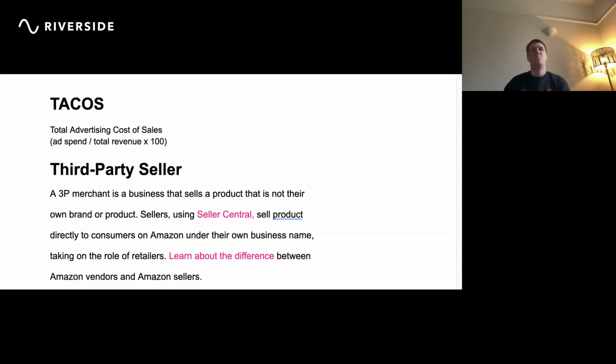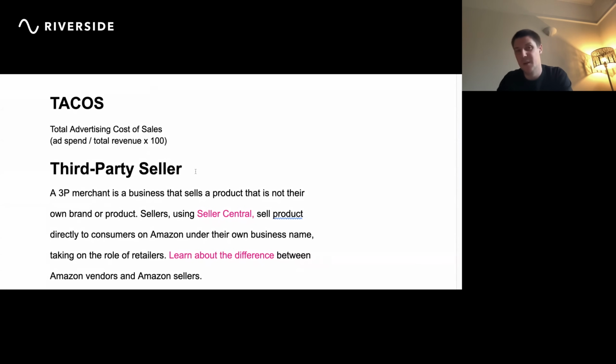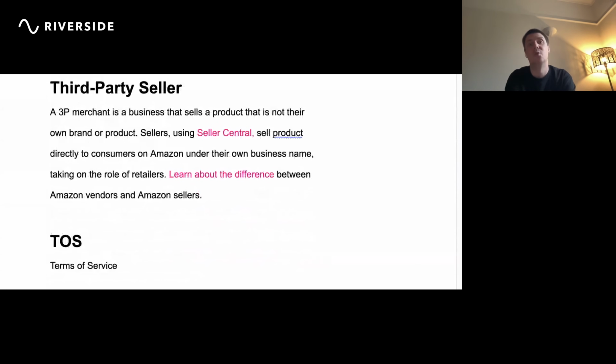TACoS. Now, this is one step further from ACoS. At the moment, it's not a metric or a column that you can track on Amazon, unfortunately. We have ACoS and ROAS, but we don't have TACoS yet. But what TACoS does is still consider your ad spend, but instead of just going against your ad attributed sales, it's going against your total revenue.